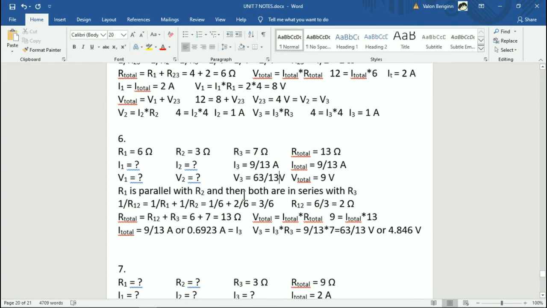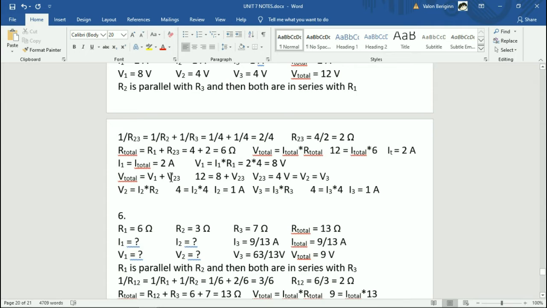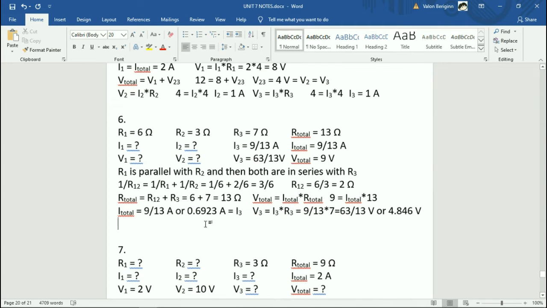Now same kind of situation where the voltages add up. We had V total is V1 plus V23 over here. Well, here it's similar but a little different. V total equals V12 plus V3. So we have 9 equals V12 plus 63/13. So what does that give you for V12?